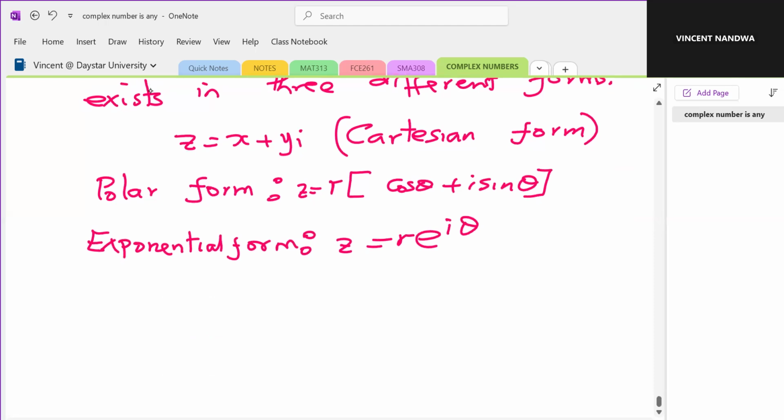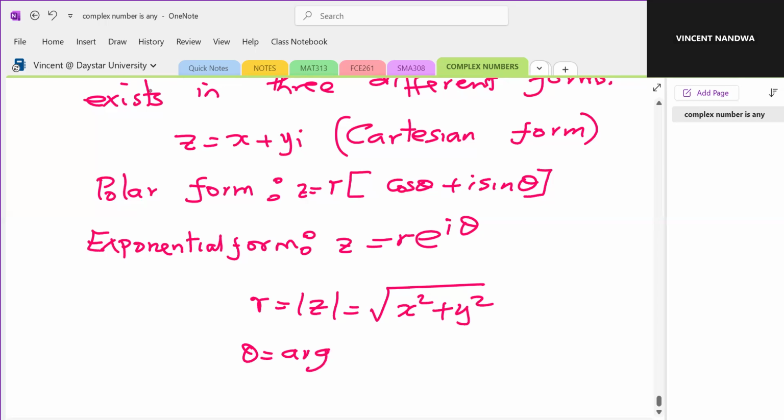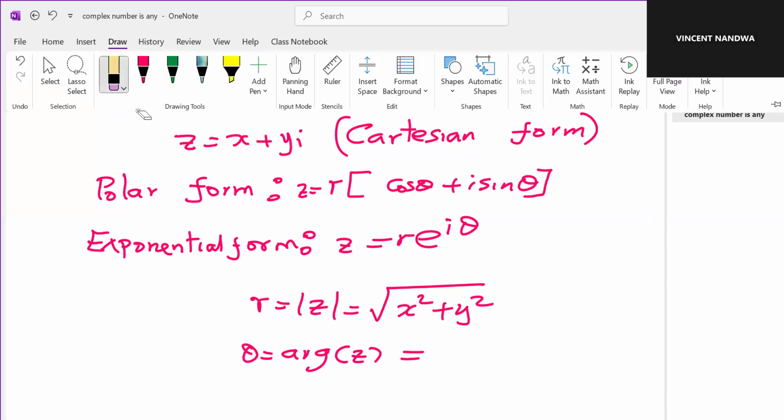And in all these cases, r means the modulus of z, which is the square root of x squared plus y squared, and theta is the same as argument of z, which is defined according to where z lies, as we have described in previous cases on how to find argument of z.